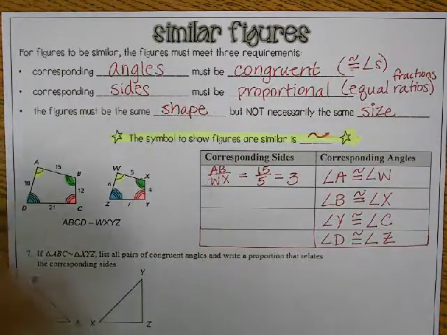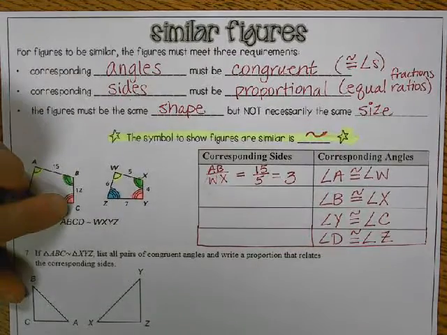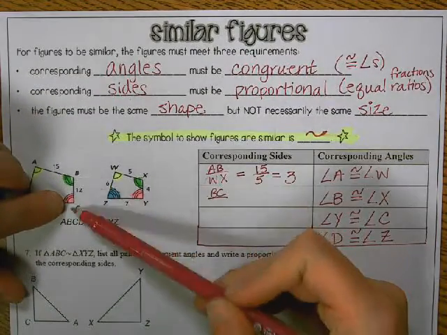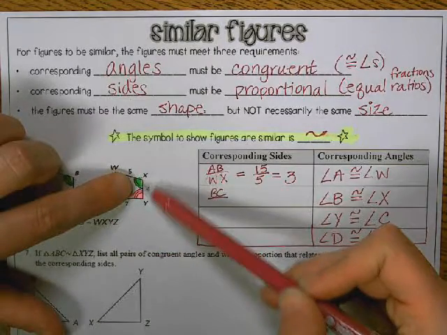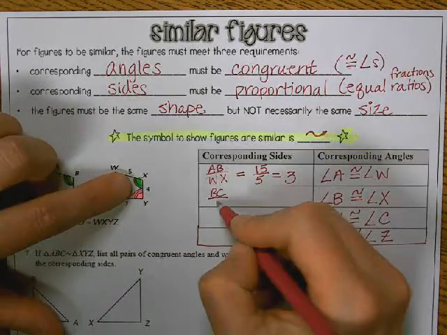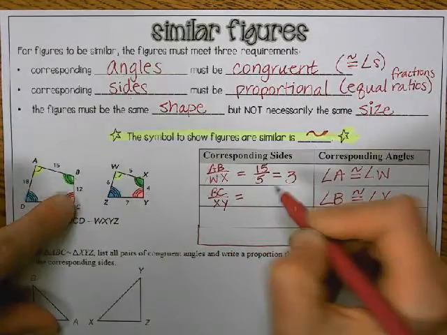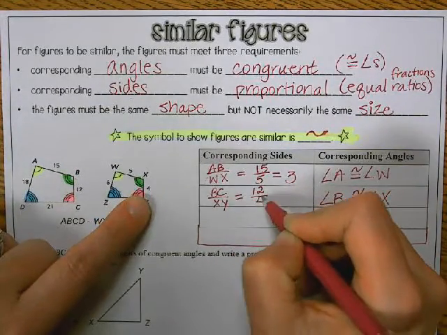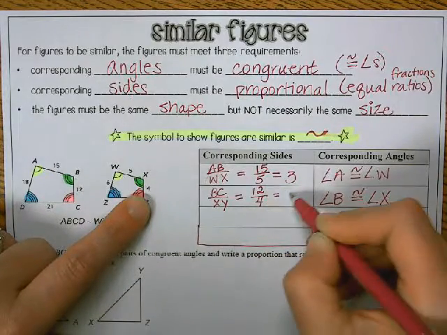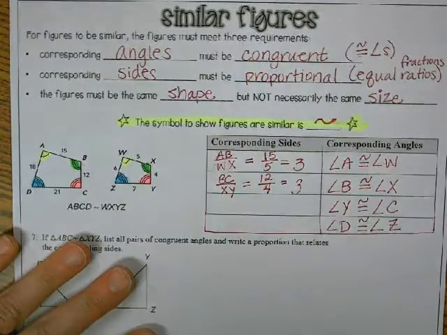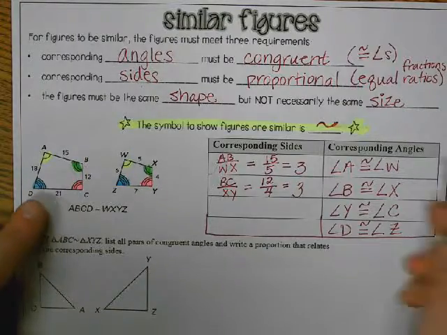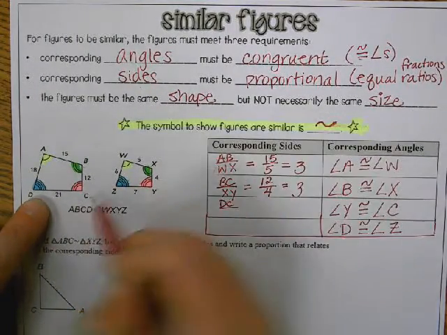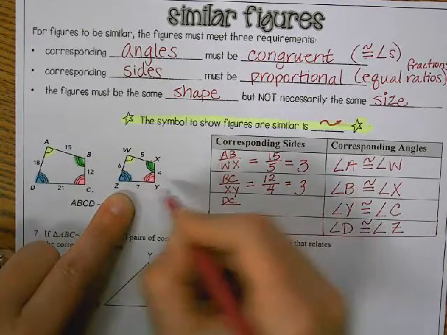Alright, now let's look at the next side. It's side BC. BC is green-pink, so we're going to go green-pink, which is XY. That's going to be 12, and XY is 4. 12 divided by 4 is 3. Let's do the next one. Side DC is blue-pink, so blue-pink, ZY.